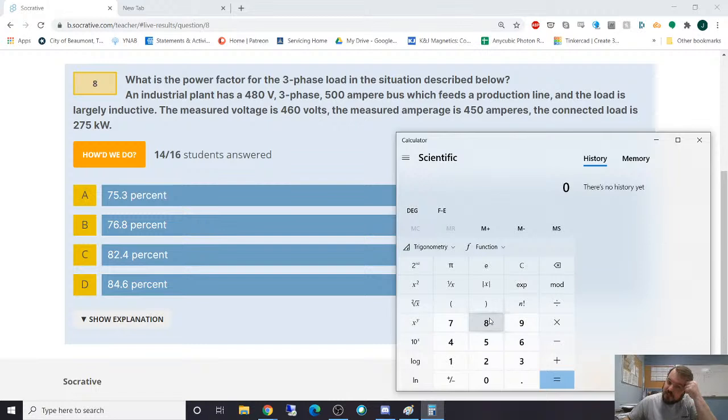Those are our volts and amps. To get apparent power, we're going to multiply those. So 460 times 450. So multiply. 207,000.